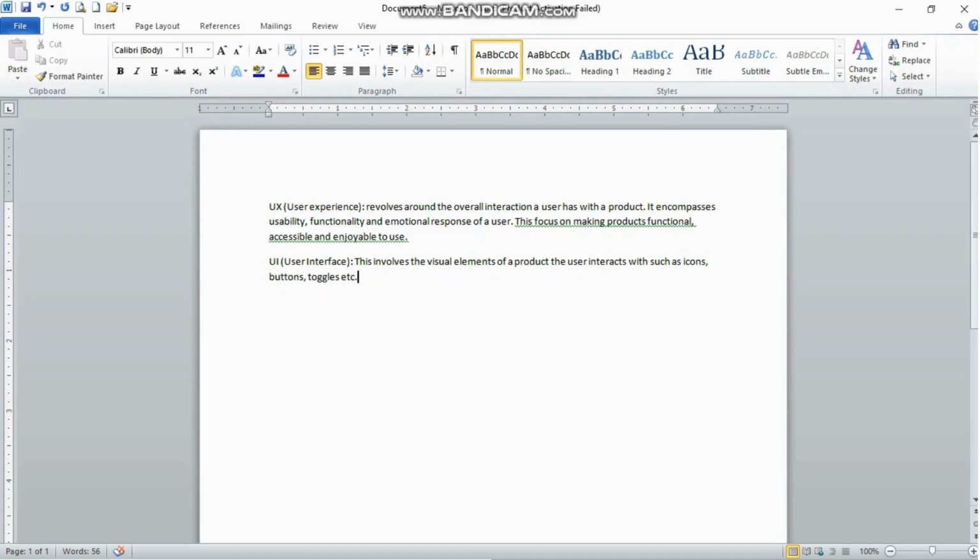When a user inputs some data, when a user shows some kind of response to the product, how will the product interact? How will the product adjust its functionality to suit the user? That is the user experience. Now, the user interface involves the visual elements.